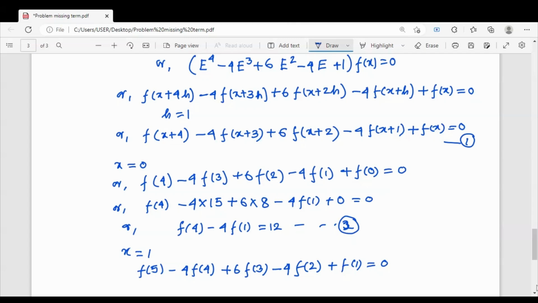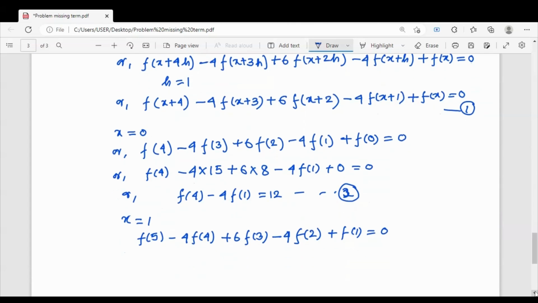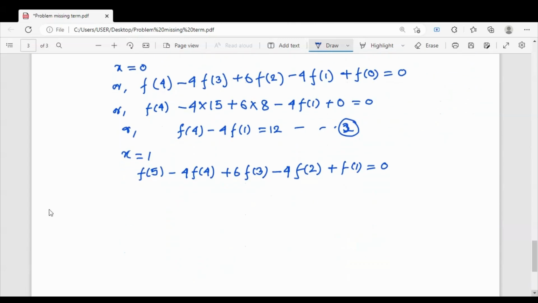Now from the above table, we put these values. So f(5) equal to 35, minus 4 f(4) which you have to find, plus 6 into 15, minus 4 into 8, plus f(1) which you have to find.